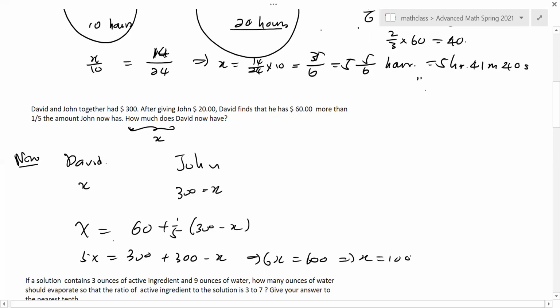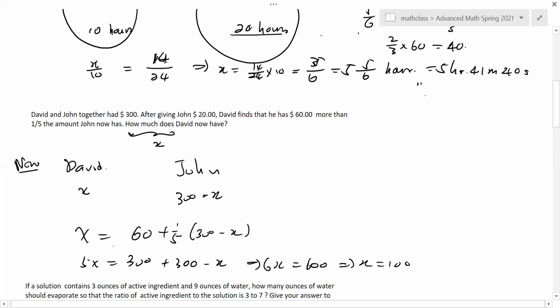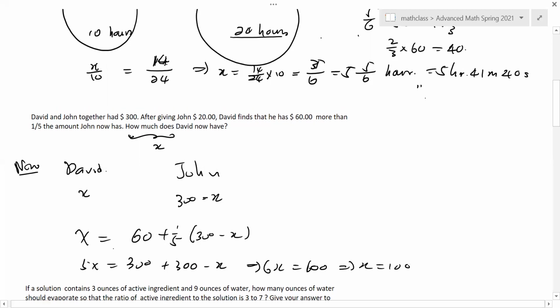So it's $100. Michael got it. You see, this is a pretty tricky problem, right? The $20 given to John is not used in the computation, so it's kind of misleading.